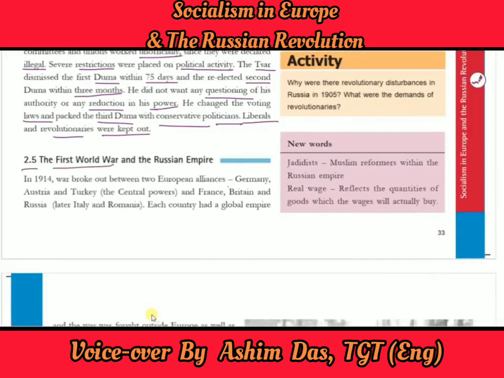Now, section 2.5, the First World War and the Russian Empire. What happened when the First World War began? As you know, in 1914, the First World War broke out between two European alliances: Germany, Austria, and Turkey, the Central Powers, and on the other side France, Britain, and Russia.